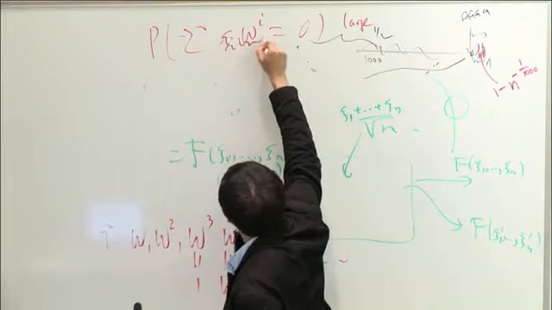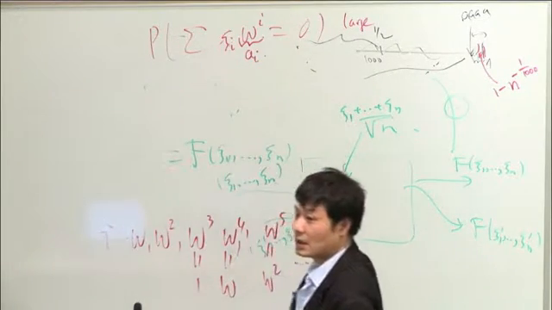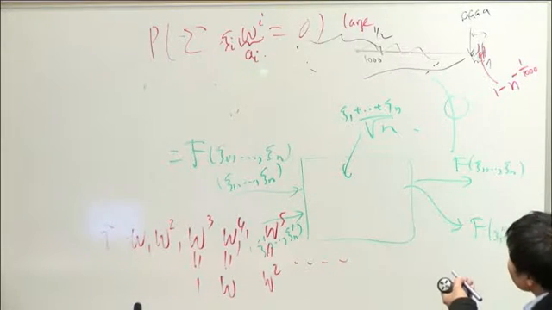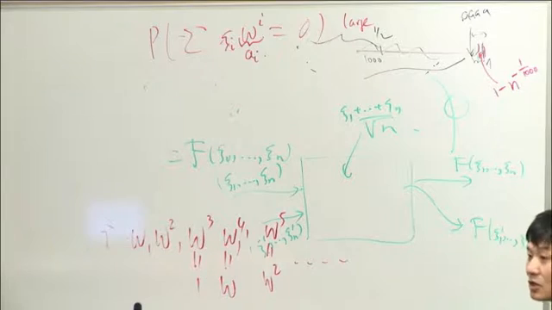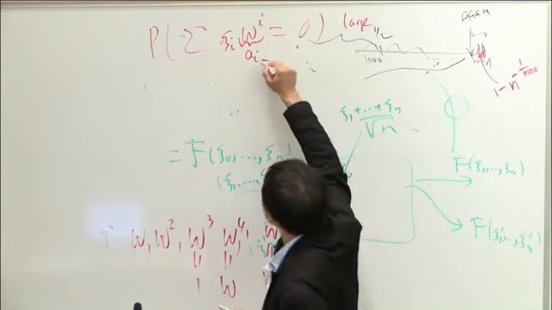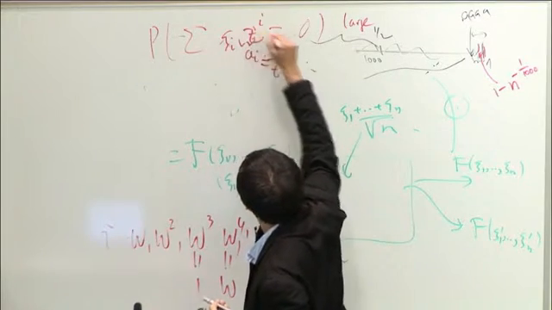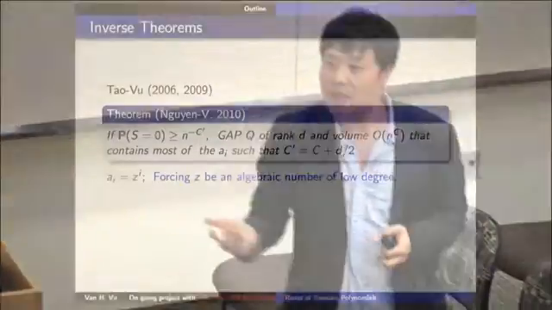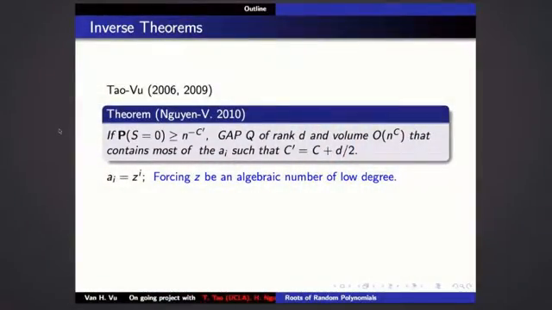Then my a_i will be this. So if I say that this probability is large, that means my a_i have to be in a short arithmetic progression, and a_i here is equal to z to the i, say. And that will imply that z should be an algebraic number of low degree.